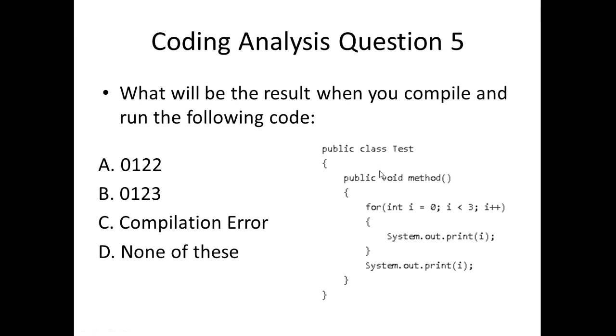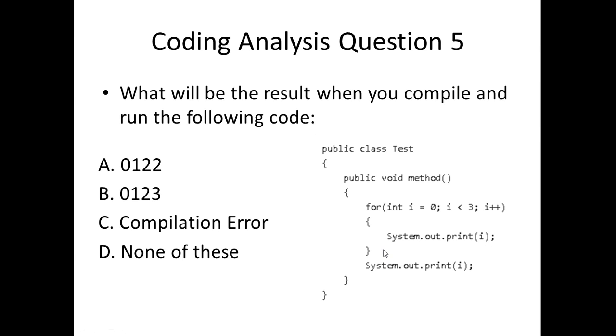So as you can see here, the first thing we want to look at is public class Test. So we have a class here called Test. We then have a method, public void method. Inside of this method, we have ourselves a loop: for integer i equals 0, i is less than 3, i plus plus. So this basically means if we were to just run this portion of the code, we would get 0, 1, and 2 printed out.